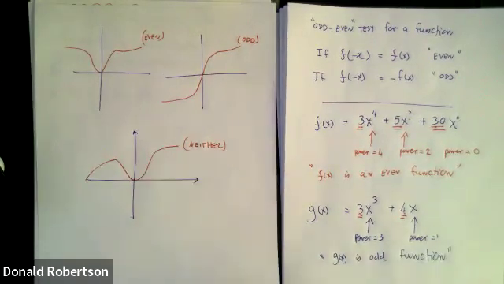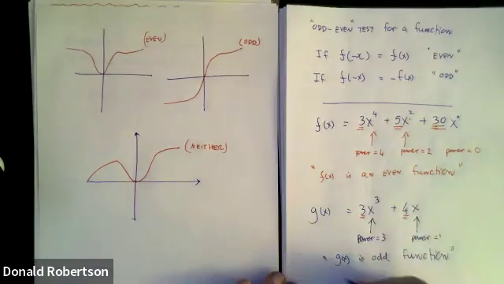So you can use this test for polynomials. Just look at all the different powers of x. If all the powers of x are even, you are looking at an even function. The y-axis will be an axis of symmetry. You could put it in your Desmos to verify it, but it will be. If all the powers are odd, then you have an odd function.